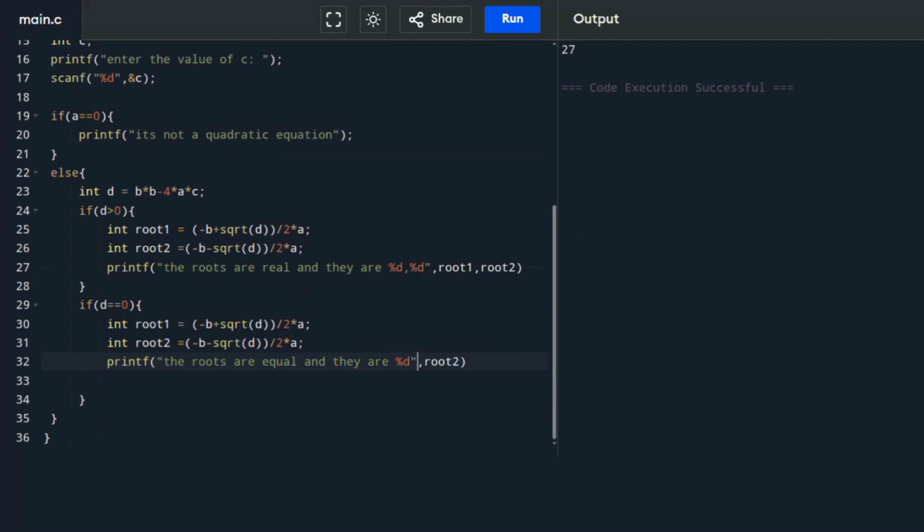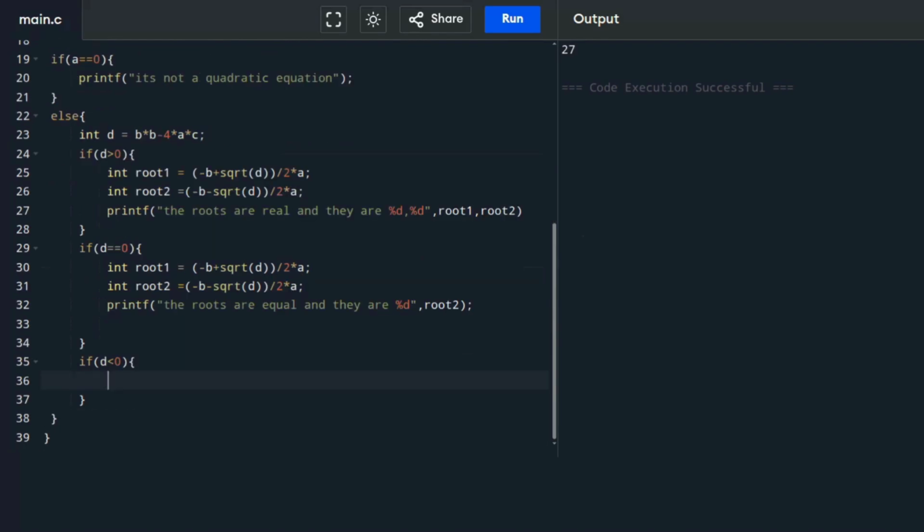and if d is less than 0, printf, without calculating the roots, we will not include the imaginary roots here. So the printf, the roots are imaginary.